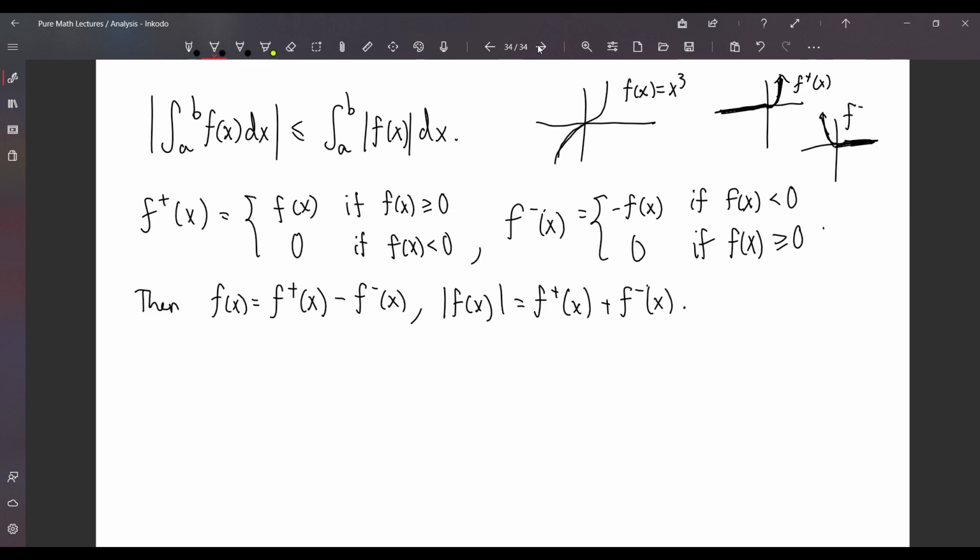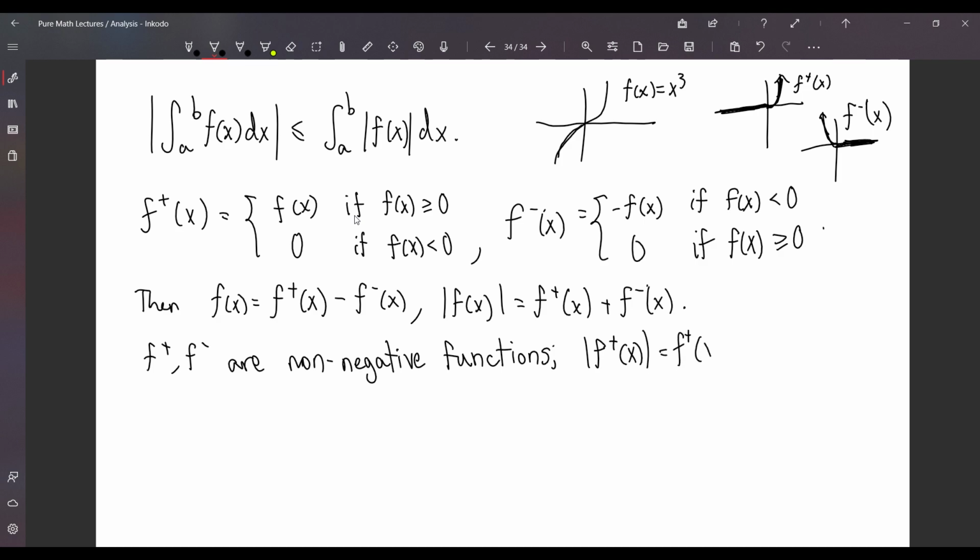So this is f minus of x. Notice that f plus and f minus are non-negative functions, so their absolute values are equal to themselves.